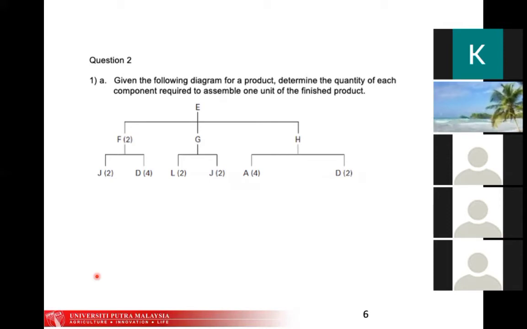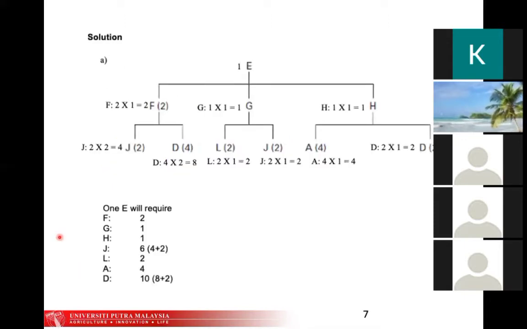I'm Susanna, matrix number GS58535. I'm presenting question 2A. Given the following diagram for a product, determine the quantity of each component required to assemble 1 unit of the finished product. The figure shows a product structure tree, where the components are listed by level.